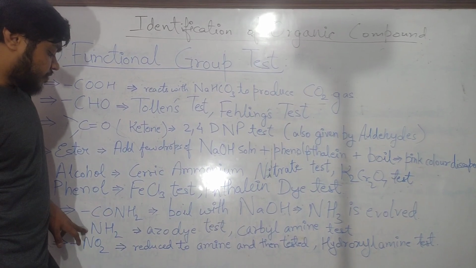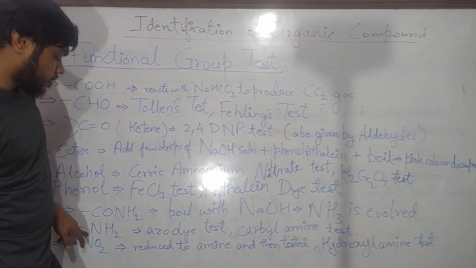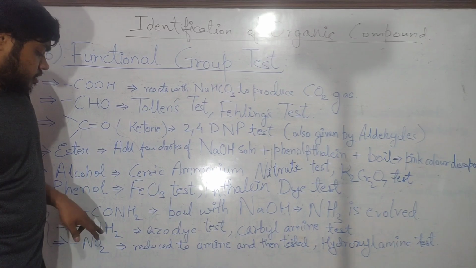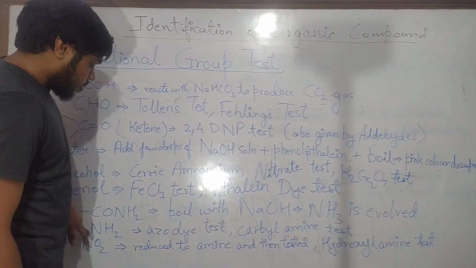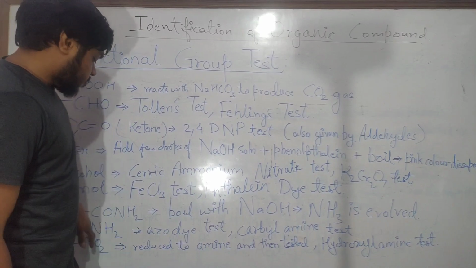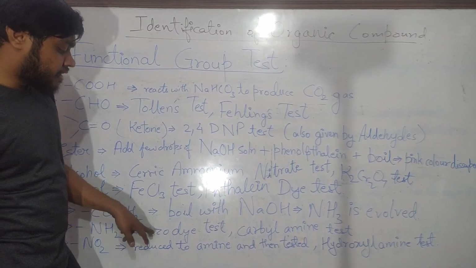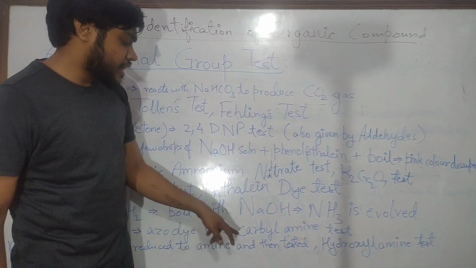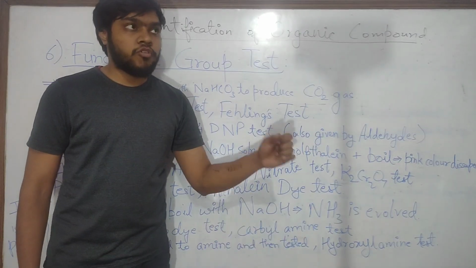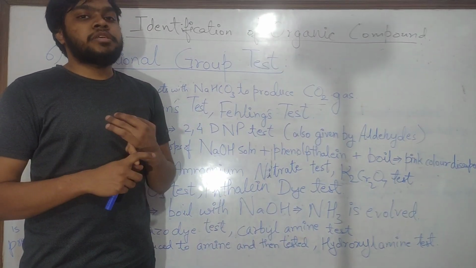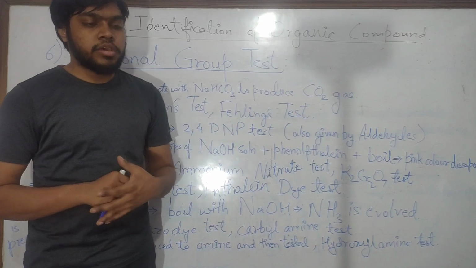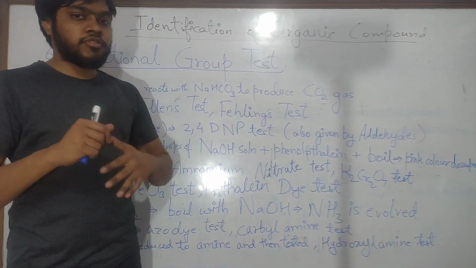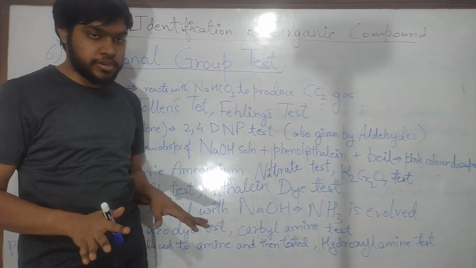Then we test for amine. To test for primary amines, we have the azo dye test and the carbylamine test. For secondary amines we have different tests, and for tertiary amines we have different tests. For that, I'll be covering it in another video.